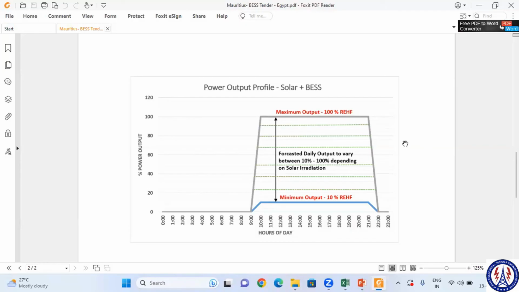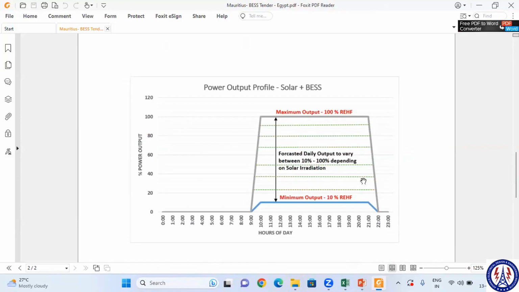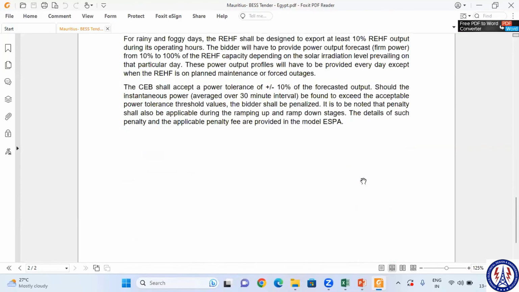Yes, the megawatt rating of your system was very close to the example that I explained. So you can correlate the numbers very easily.